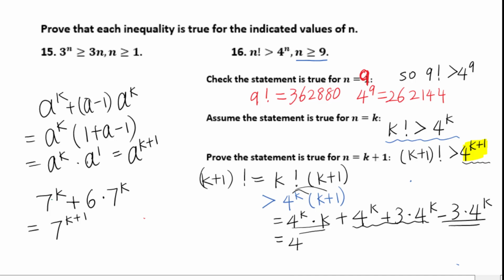We will get 4 to the k's power out, k minus 3, then plus 4 to the k plus 1's power.